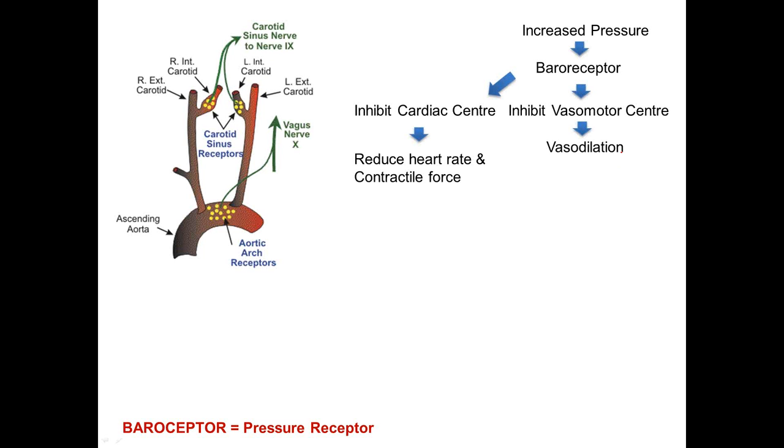So if there's an increased pressure sensed in these 2 areas, then the receptor sends a message to the brain to inhibit the vasomotor center and to inhibit the cardiac center. That reduces the heart rate, and it also opens up or dilates the blood vessels.